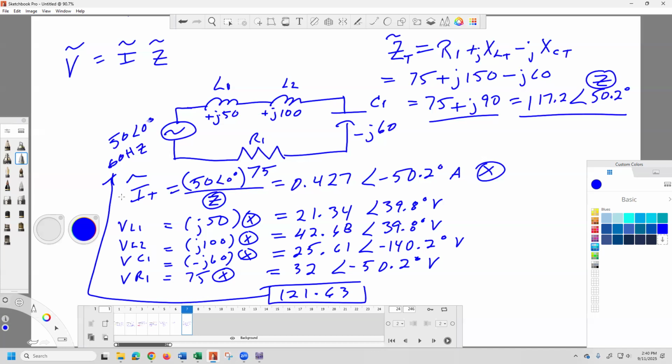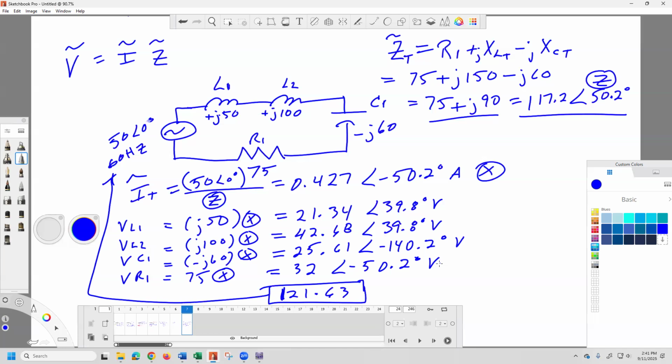Between the inductors and capacitors, they're holding on to different amounts of charge out of phase, because these are phasors, right? Maybe I'll write this on the board. Let's say I'm adding VL2 and VC1.